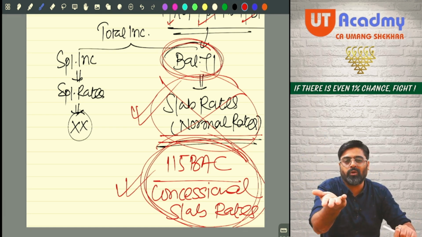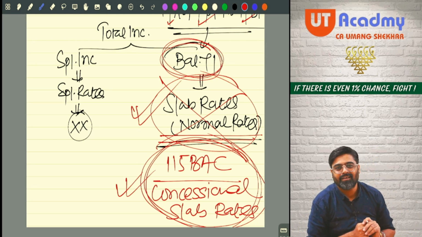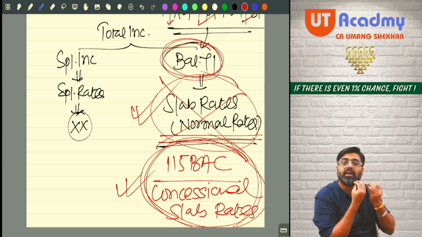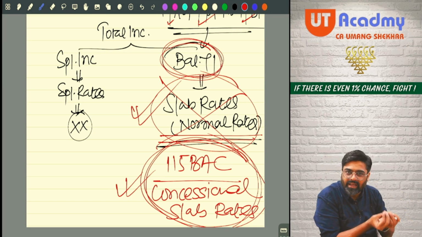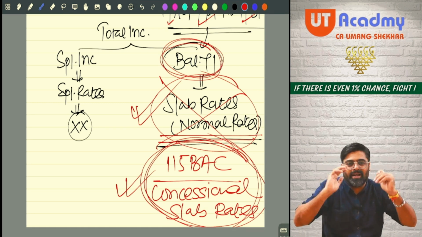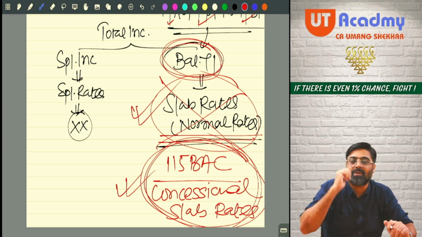Sir, who is going to shift out? Everyone will stay in the default only, no sir? Because the default 115BAC rates are very less as compared to the normal slab rates. So sir, nobody will opt out. You won't believe, the majority of the people opt out only.